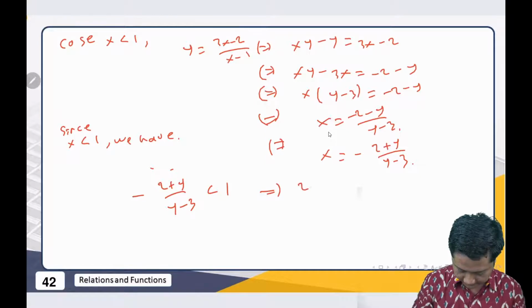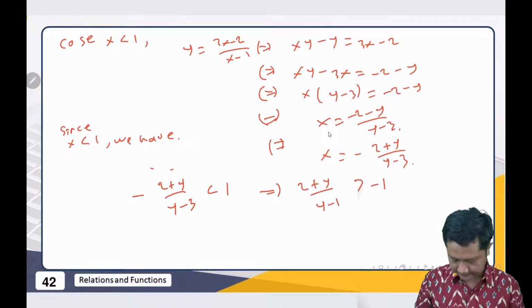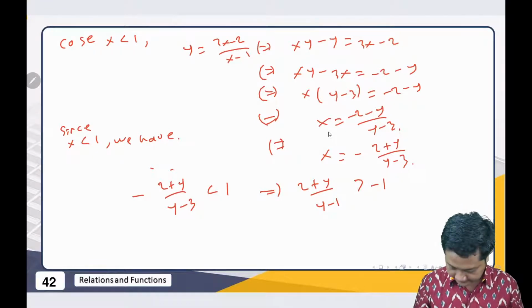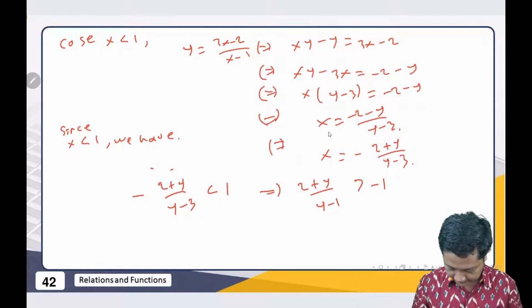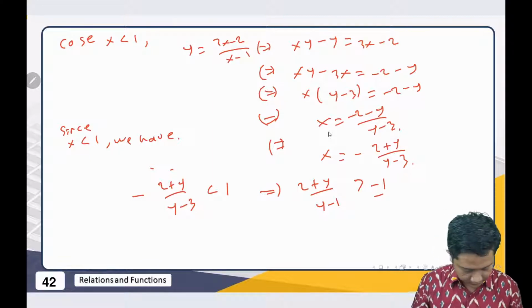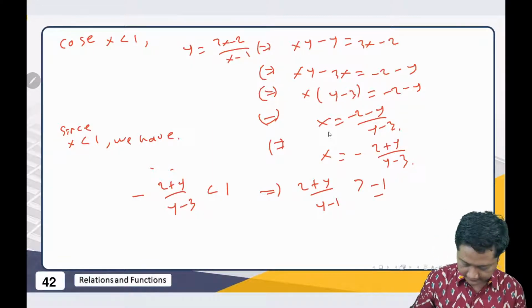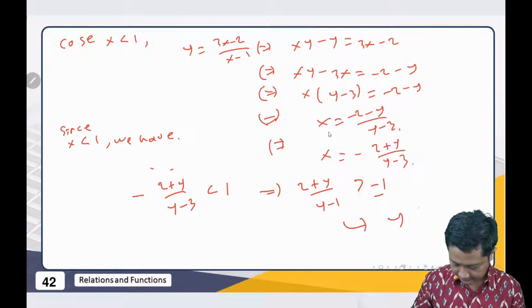So I change first, y minus 1 greater than minus 1. So it should be correct. And this one is greater than this. Then we can find y is less than or equal to what number here.